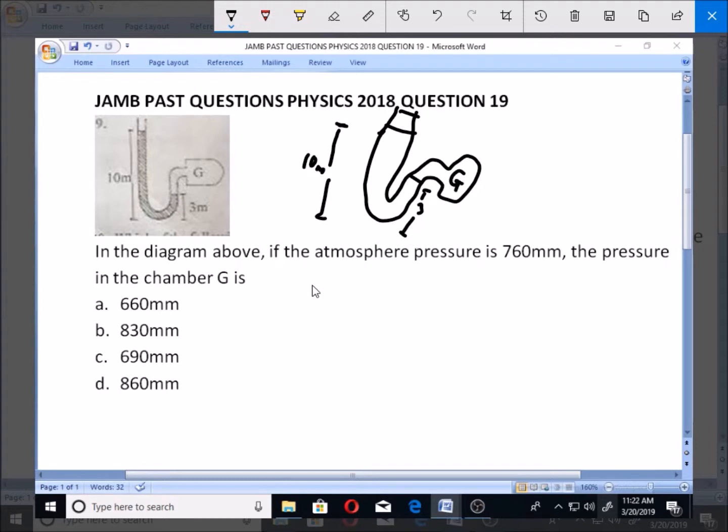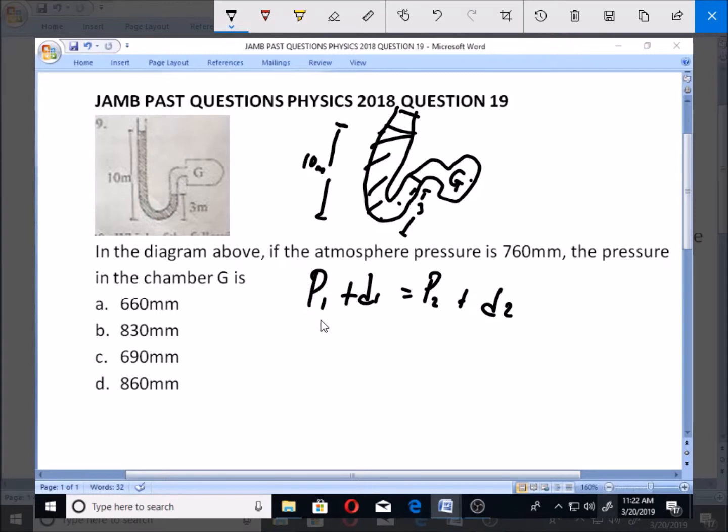So with that, if we consider this height as pressure 1, we have pressure 1 plus the distance d1 will give us what this one is making, pressure 2 plus the distance d2.